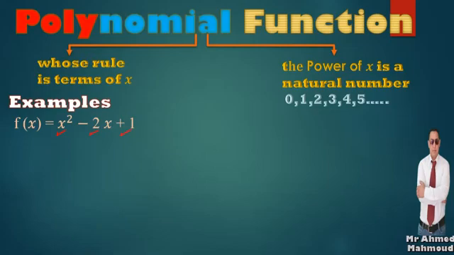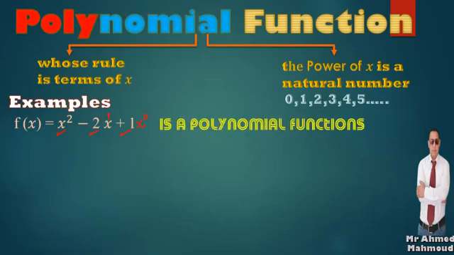Here we have x power 2, and here x power 1, and here we have no x, that means x to the power of 0. Then the whole function is formed from three terms, and in each of them the power of x is natural, here x power 2, here x power 1, and here x power 0, so we can say that this one is a polynomial function.